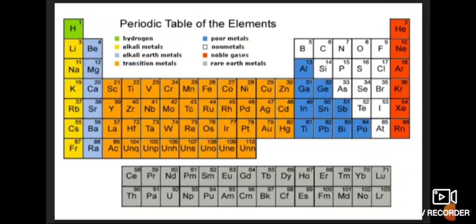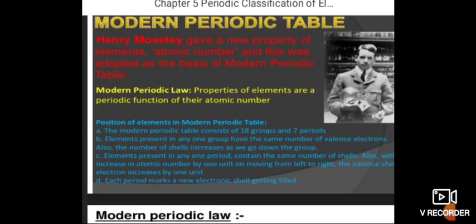So 32 elements are there, but we have taken them outside as the inner transition elements and kept them as a separate part. How many groups and how many periods are there? 18 groups and 7 periods.